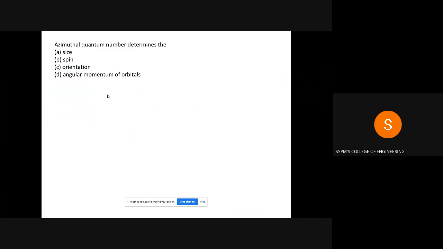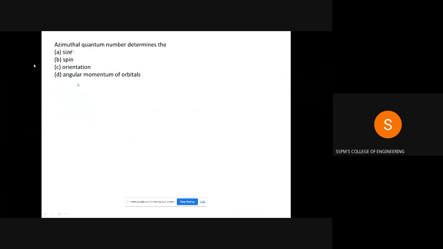Then the azimuthal quantum number determines the size, spin, orientation? One is the principal quantum number, another is the azimuthal quantum number. The azimuthal quantum number of an atomic orbital determines its orbital angular momentum and the shape of the orbital.